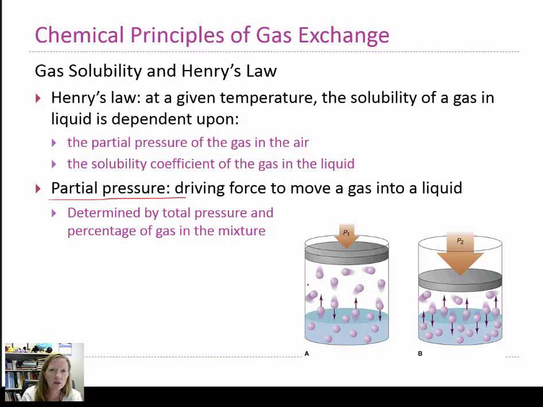If you leave that soda out for a long period of time, gases are going to keep on escaping the liquid, and your soda is going to be flat. That's exactly what's happening. So just think of your soda as blood, and how when oxygen and carbon dioxide come into contact with that blood, they're going to dissolve in that liquid. So that's what's happening there.